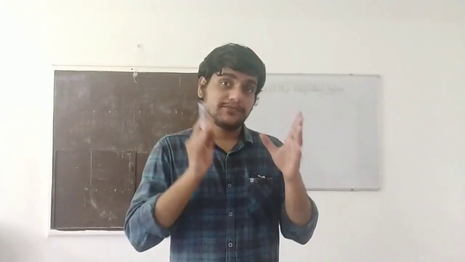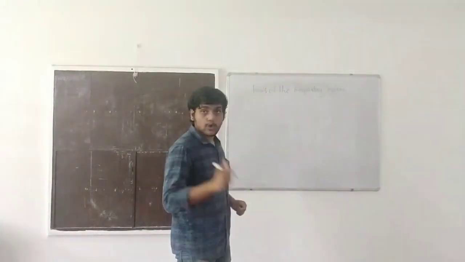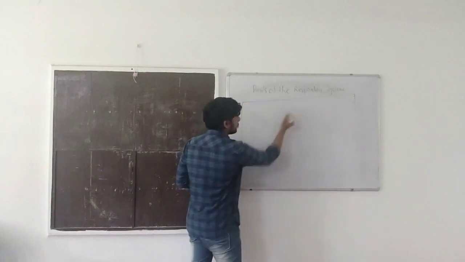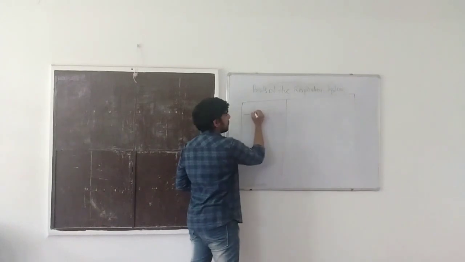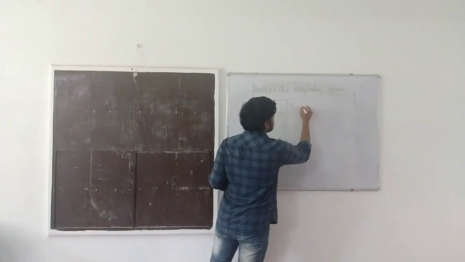Now I want you to observe the video explaining the parts of the respiratory system and write its parts and functions in your science diary. So I want you to draw a table like this, divided into 2 columns: first which part it is, and then the functions.